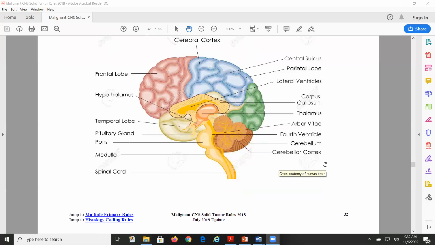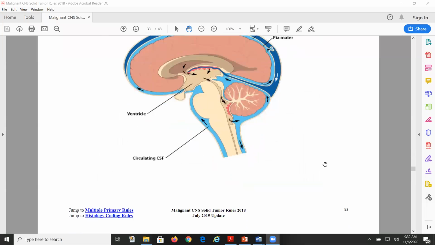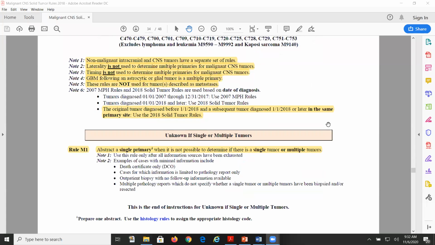And we're going to move now into our multiple primary rules. So just remember that the non-malignant tumors have a separate set of rules. Laterality is not used to determine multiple primaries, and timing is not used to determine multiple primaries.